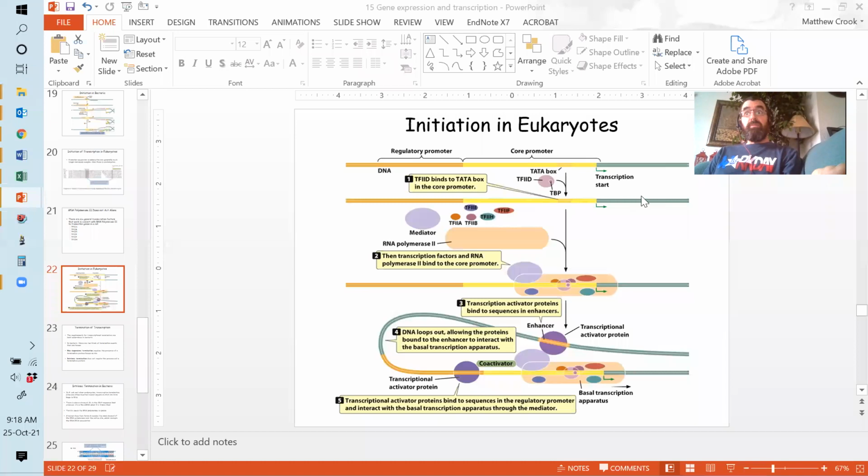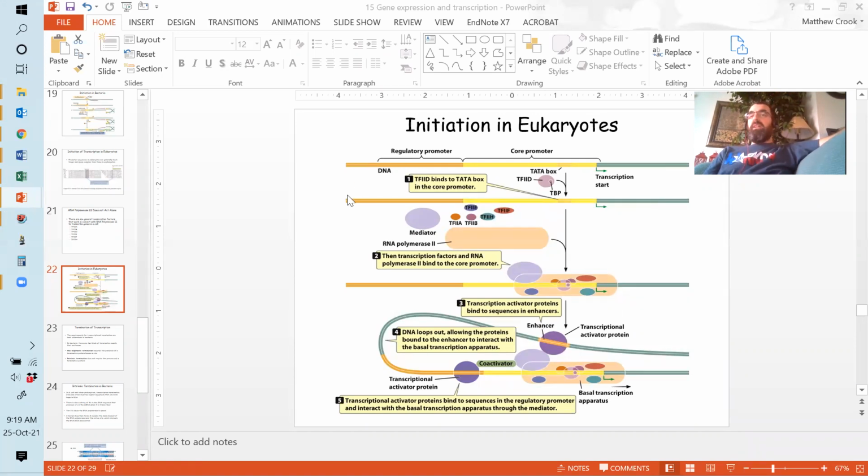Now the regulatory promoter, well, that can go for literally miles upstream, right? And it's very hard to define. These things are extraordinarily difficult to figure out, right? What is needed and what binds where?